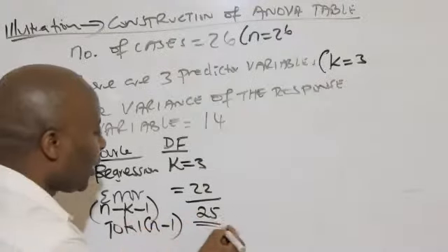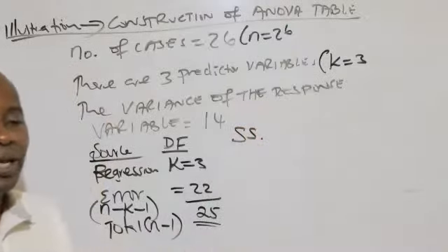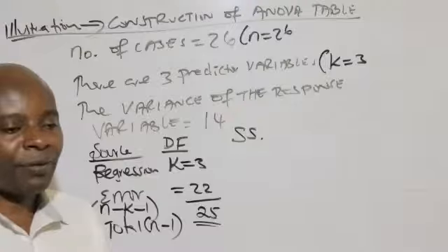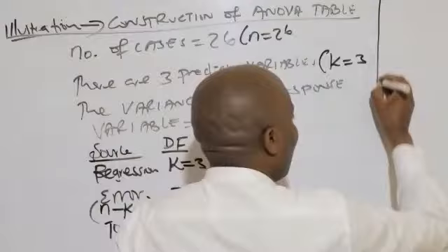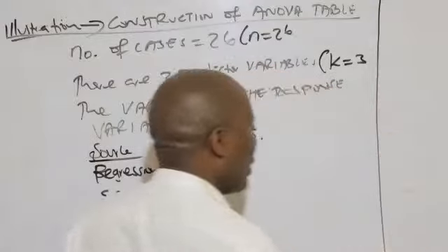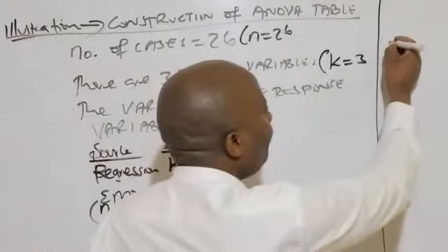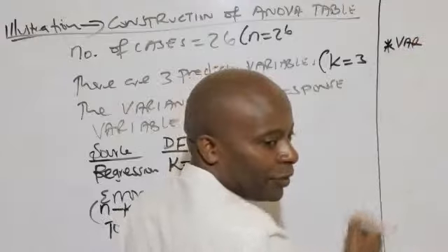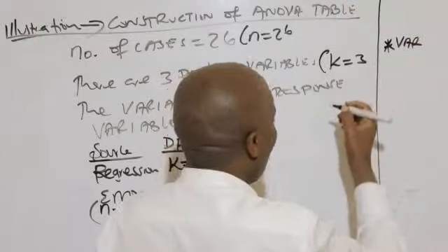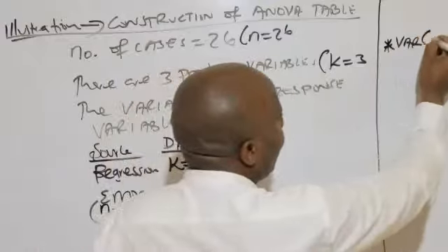And that is it. From there, we get the sum of squares. Now, ladies and gentlemen, they have given us the variance of y.